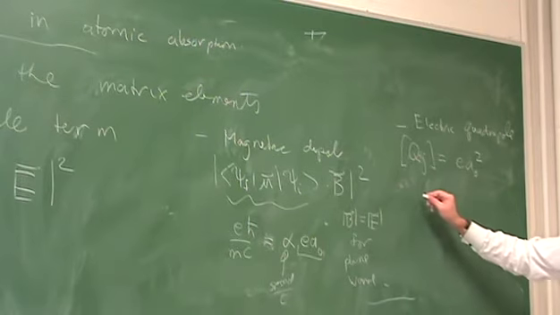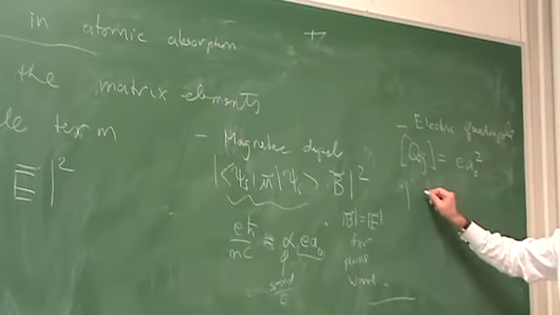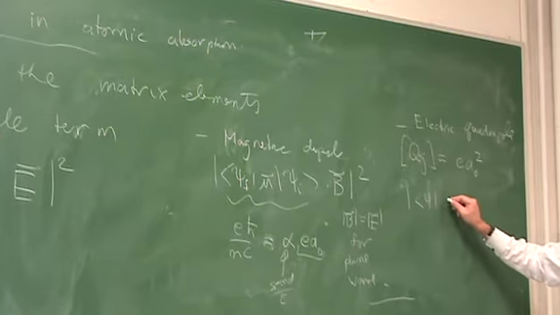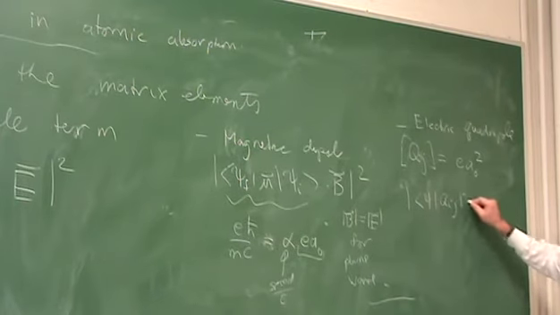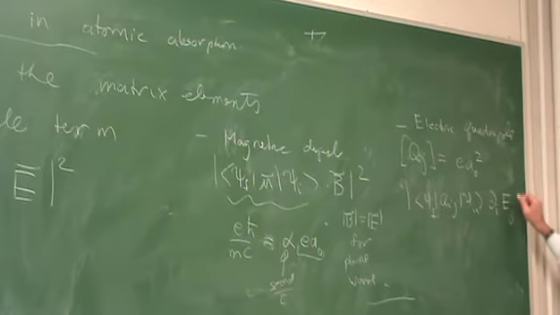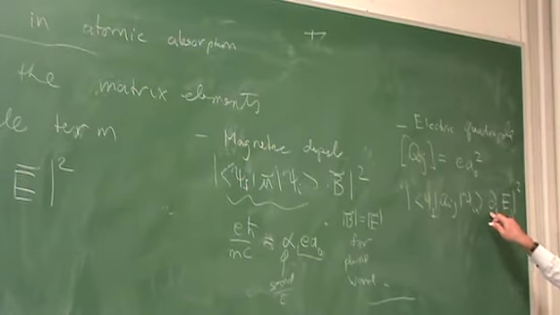So the interaction strength here depends on the matrix elements of this, times the gradient of the electric field.